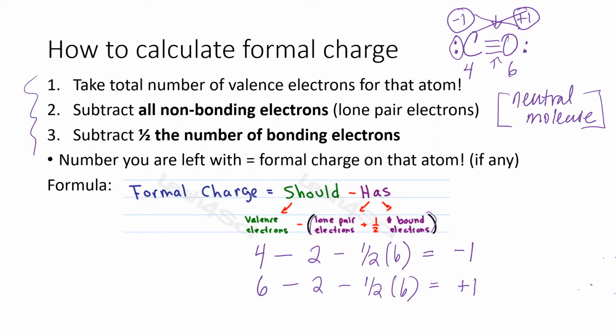Now we're going to look at polyatomic ions where this is not the case, because polyatomic ions typically have a charge, right? So let's now move on to considering that situation.